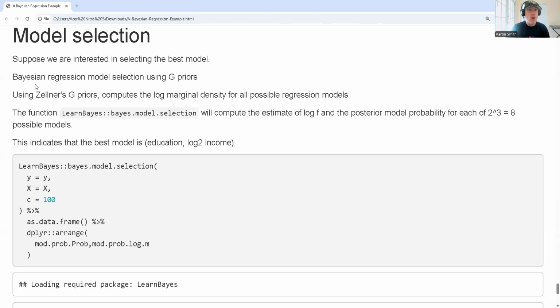All right, so we're going to use Zellner's G as our prior. I'll talk about that in a later video. And here we're going to run the Bayes model selection function. It's going to compute the log F and posterior model probabilities for each model. And then the one with the largest probability is the one that I want to use.